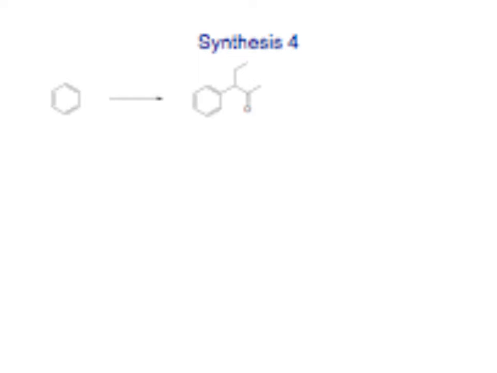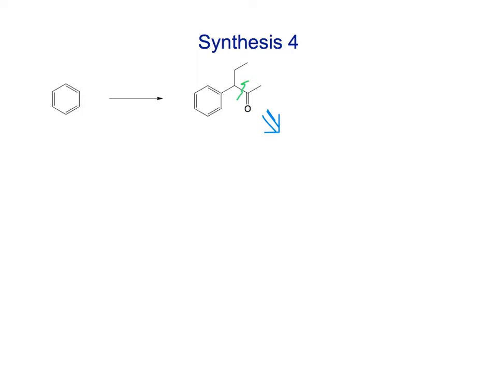Okay, so let's think backwards from the end. There's multiple ways to do this one. One way we could do it would be not in one step here, but to essentially make this bond right here.